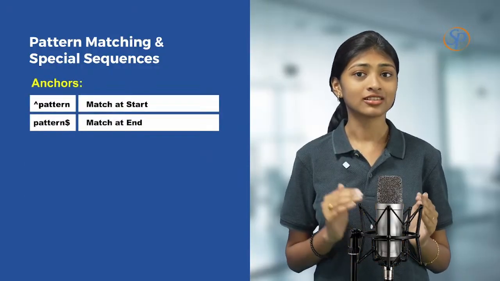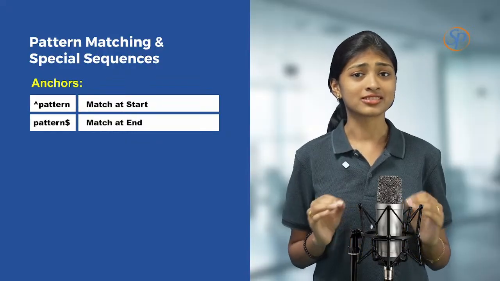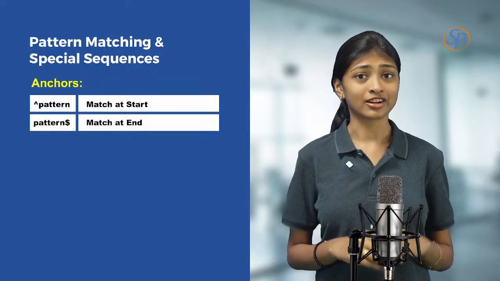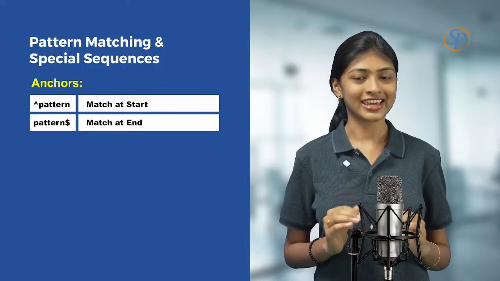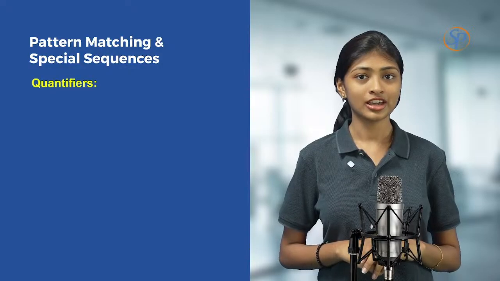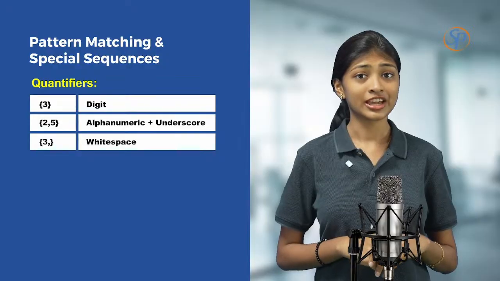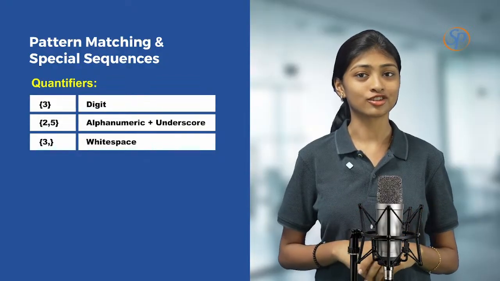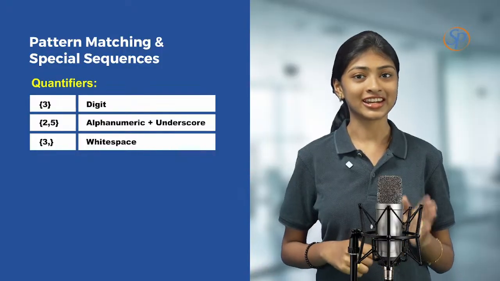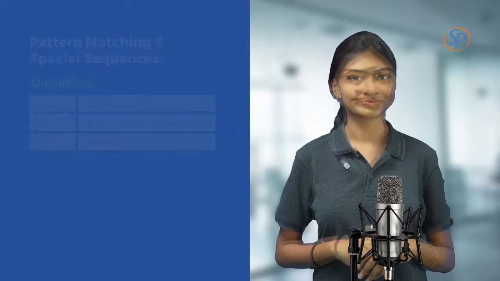If a pattern starts with a caret, it indicates matching at the start. If the pattern ends with a dollar symbol, it indicates matching at the end. We'll see quantifiers. If {3}, then we need exactly 3 from the pattern. If {2,5}, then we'll draw the patterns from 2 to 5. And if {3,}, we need to extract at least 3 from the pattern.